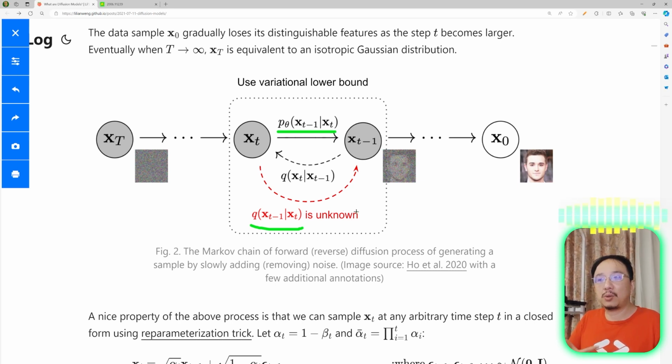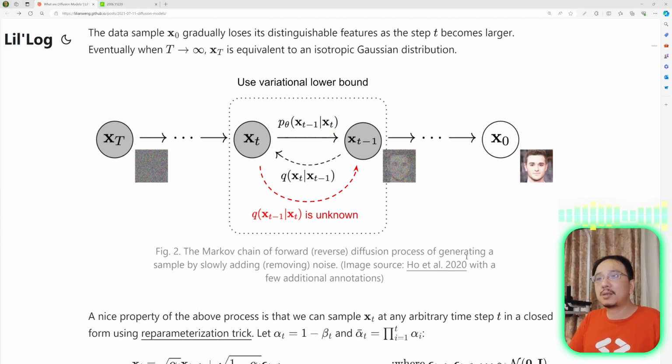Although we don't have the exact formula of x0, when we do the training and we are taking data from the training data, in principle it is possible to learn the information of the distribution of x0 in the training process. So that's why we can use machine learning to compute the reverse process.